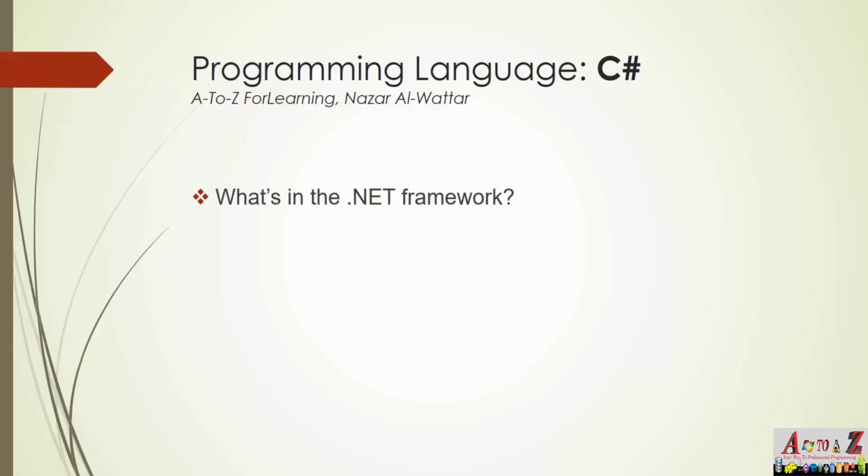Also, we have learned that this framework has many different modules, and each module will support different types of applications. For example, some of them will support Windows applications, and some of them will support other types of applications like mobile applications, and so on.